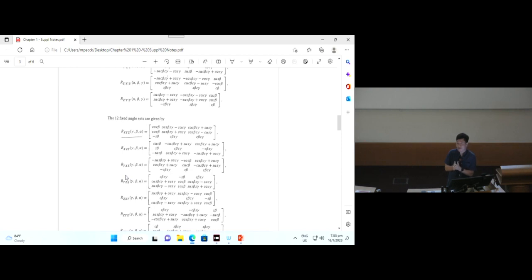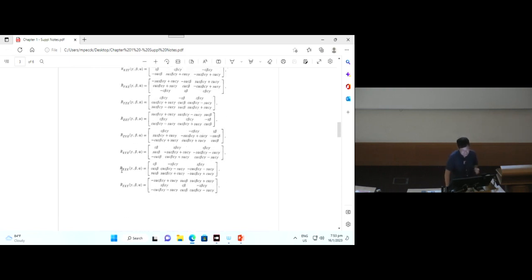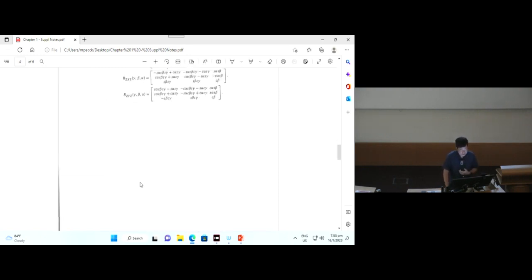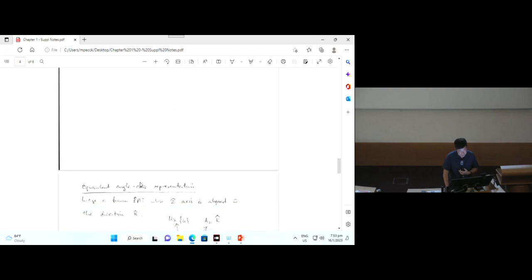If you move around them, you can only have 12 combinations. You exclude all those that rotate about the same axis twice in a row. So you can only have a maximum of 12 angle sets. You can't have more than that.